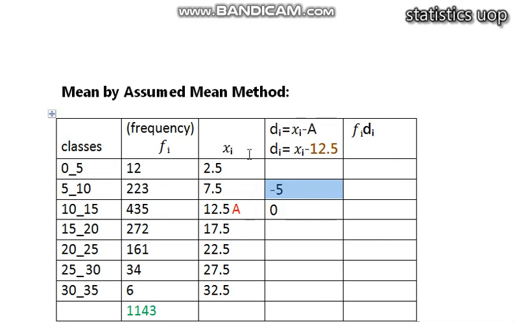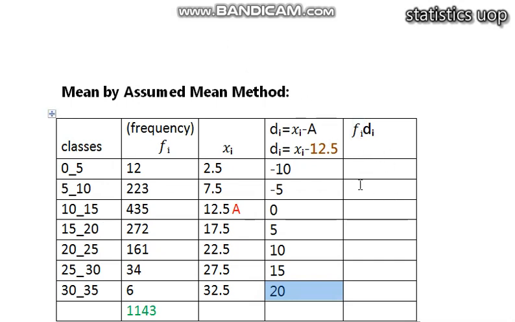We get minus 5. Again we subtract the class length from this minus 5. We get minus 10. And here we add our class length to this 0. We get plus 5. Again 5 plus 5 we get 10. 10 plus 5 is 15. And 15 plus 5 is 20.